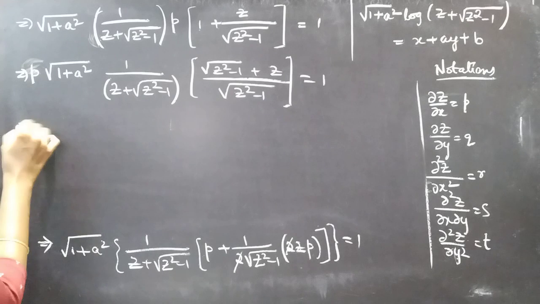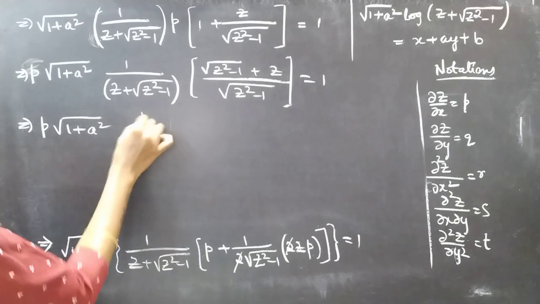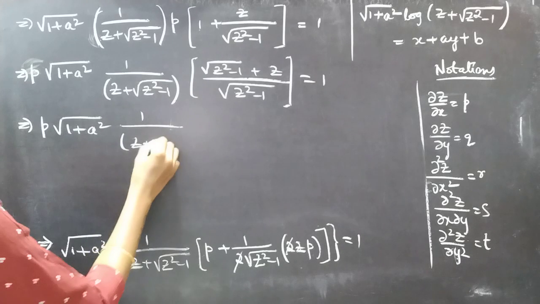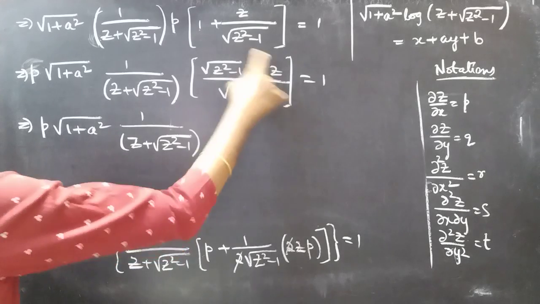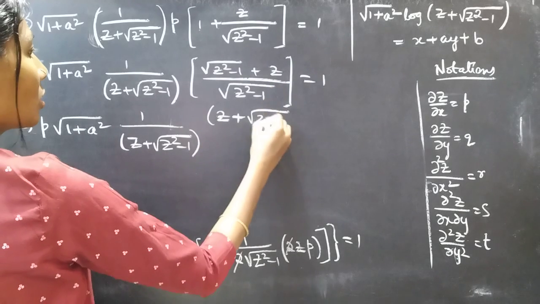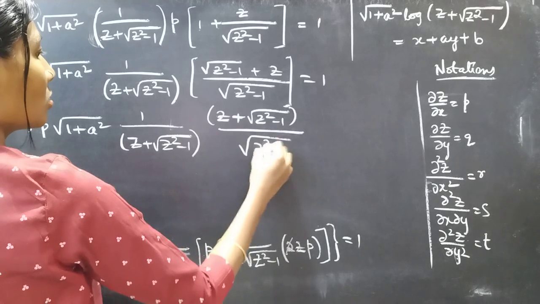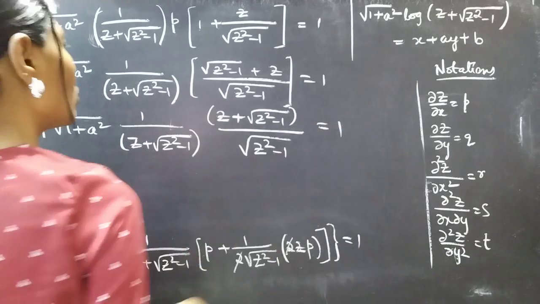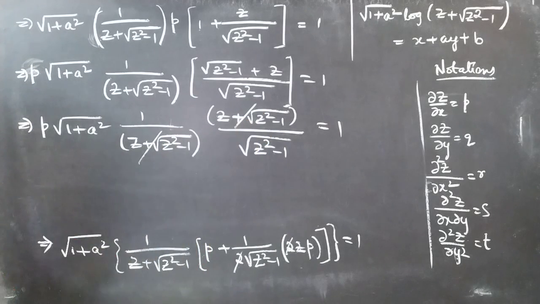Okay, this gives us p into square root of 1 plus a square into 1 by z plus square root of z square minus 1 into, we can write this fraction as z plus square root of z square minus 1 by square root of z square minus 1 equal to 1, where z plus square root of z square minus 1 gets cancelled.